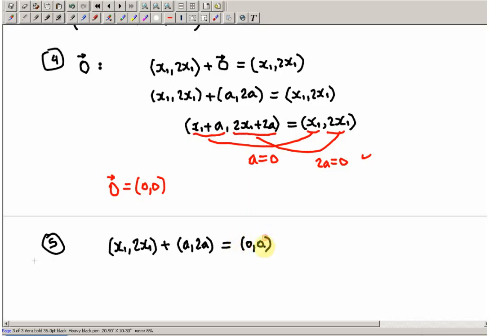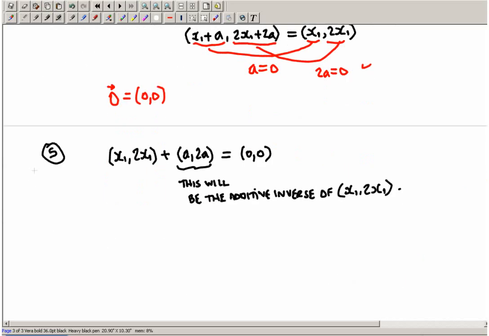So this will be the additive inverse of x1, 2x1. Okay, just solve the equation now.